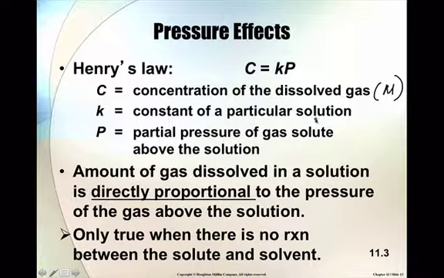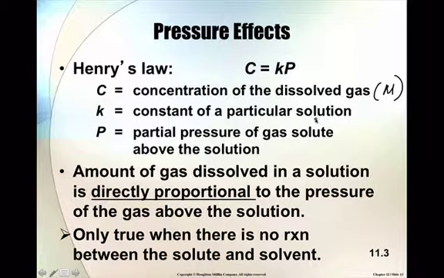And what we're going to do is calculate a before and an after value for C, because we want to know what's the concentration before I open the bottle and what's the concentration after I open the bottle. So before I open the bottle, C is going to be equal to 3.1 times 10 to the negative second, so I plugged in K, times the pressure they gave me, and because this is in atmospheres for the constant, I need to double check that my pressure here is also in atmospheres, and it is.